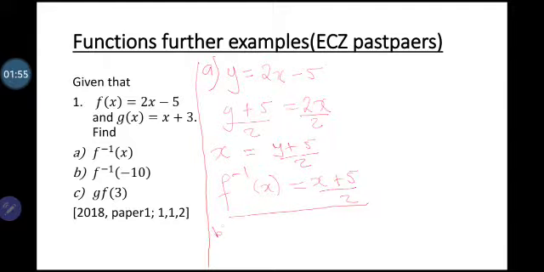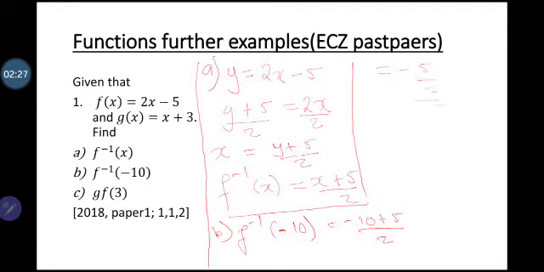B, we have to find our f inverse of negative 10. Just simply means where there is x in our f inverse of x, we put negative 10. So we're going to have negative 10 plus 5 over 2, and this will simplify to negative 10 plus 5 is negative 5 over 2.